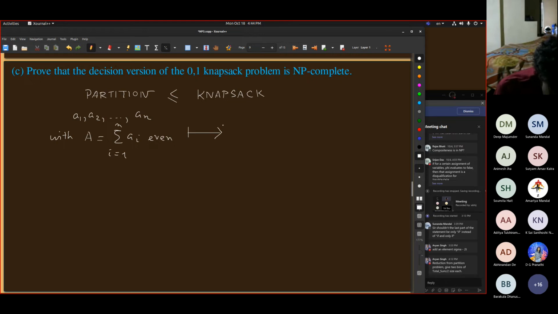So on this, I have to supply some number of weights, an equal number of profits, the capacity, and the target profit.